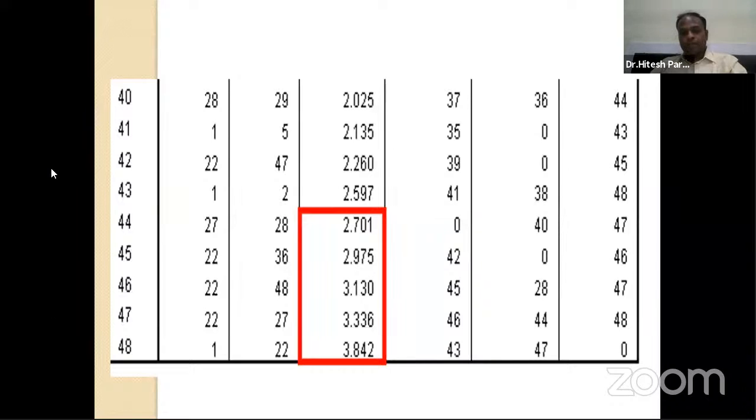Now if you observe, for 1 cluster it is 3.84. Then for 2 clusters this is 3.33. Then at 3 clusters it is 3.13. Then 2.97 and 2.70. Can anybody tell me the optimum number of clusters we should go for?